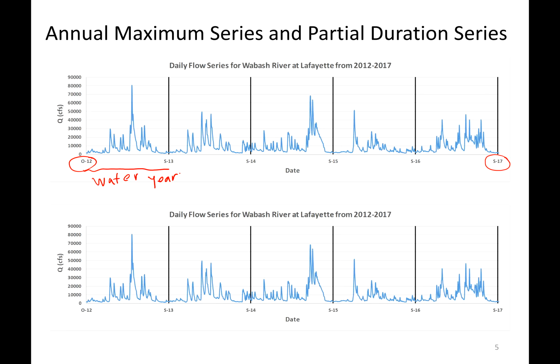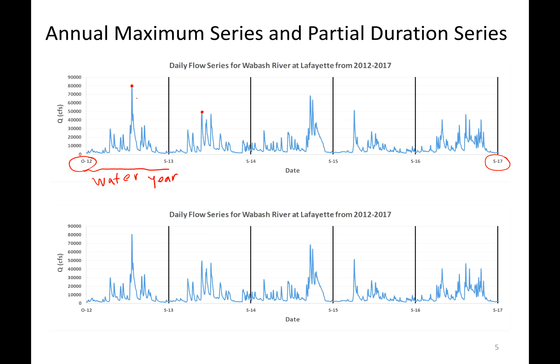In the United States, the USGS uses a water year that starts on October 1st and ends on September 30th. So in the annual maximum series, what we do is we pick the maximum value in that year.